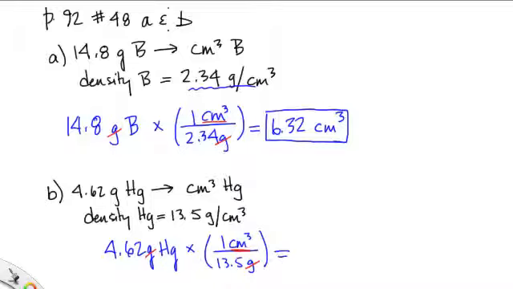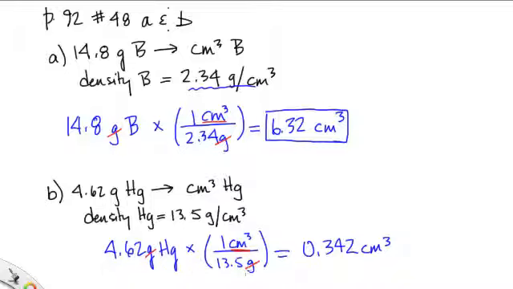So when I do my calculations, this is the same as 4.62 divided by 13.5, and my answer is 0.342 centimeters cubed. Remember that I have to express my answer to the correct number of sig figs. I have 1, 2, 3 sig figs here.